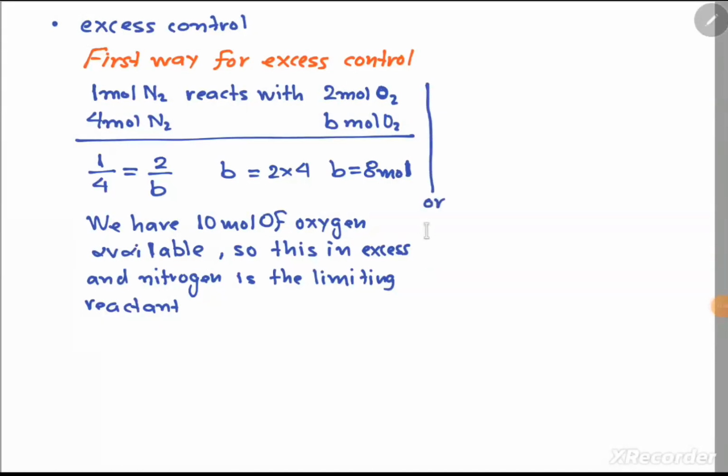It is the same to suppose that the amount of oxygen reacts completely. We have the same result. So we suppose that the 10 mole of oxygen we have reacts completely.